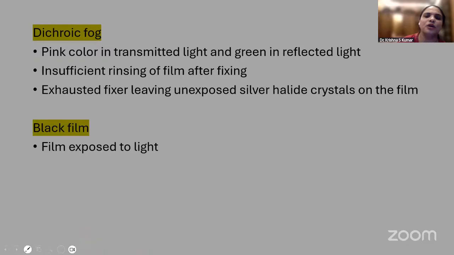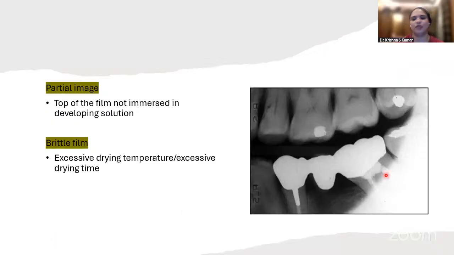That also occurs after fixing, if it is not properly rinsed; the silver thiosulfate compound causes this fog. A black film occurs when the film is accidentally exposed to light. Partial image or cone cut occurs when the film is not completely immersed in the developing solution. A brittle film occurs in automatic processing when the film has been dried for a longer period of time.